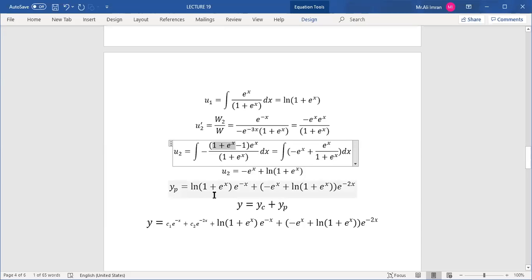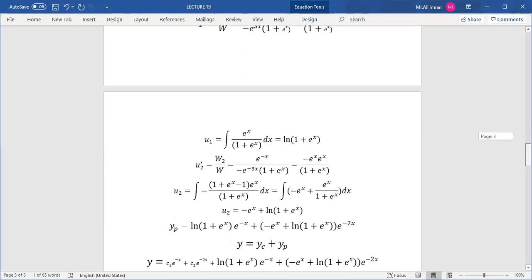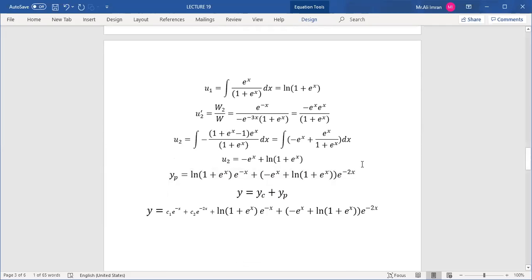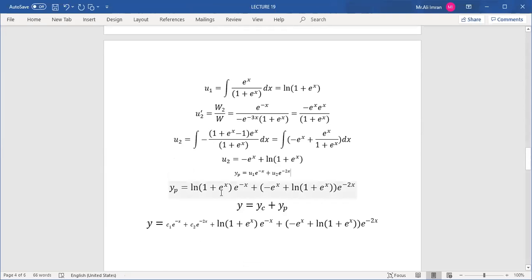And yp will be equal to, after using the formula for yp and the values of u1 and u2, natural log of 1 plus e power x into e power minus x, plus minus e power x plus natural log of 1 plus e power x into e power minus 2x.